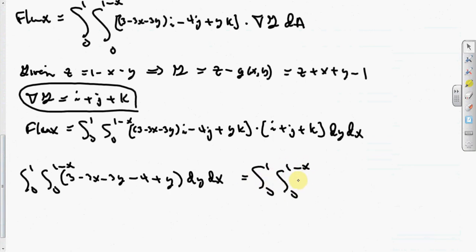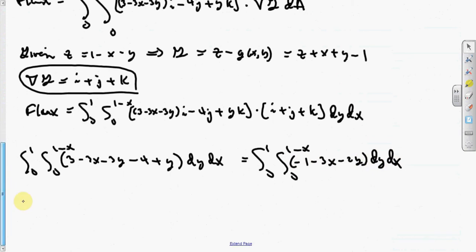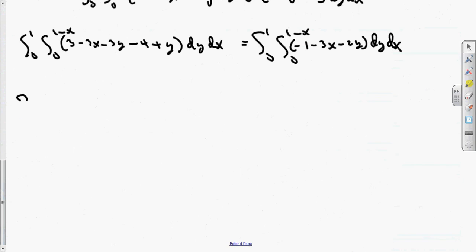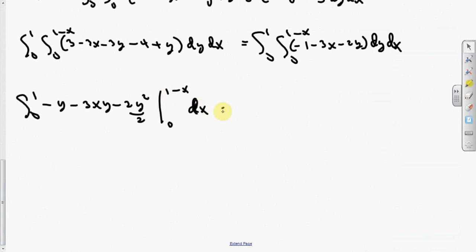This is 3 minus 4, that's negative 1, minus 3x minus 2y dy dx. Now we integrate with respect to y. This is negative y minus 3xy minus 2 times y squared over 2, and y is evaluated from 0 to 1 minus x, dx.